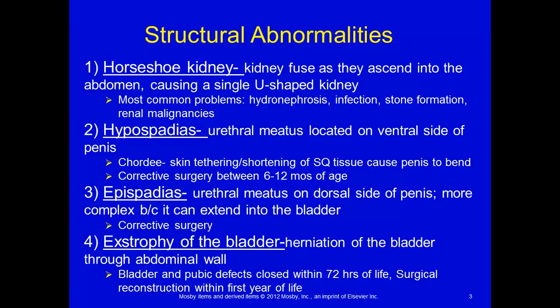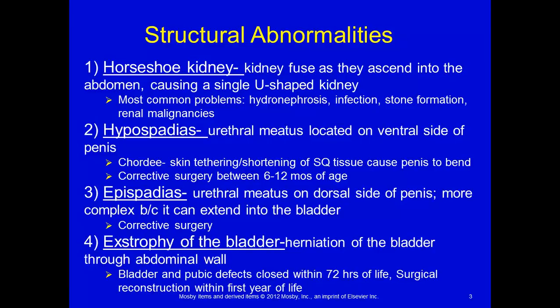It really happens because there is a bladder and a pubic defect in which, as the fetus is forming, the bladder just kind of falls out of the body because the rectus muscles, the abdominal muscles in the low abdomen, are separated. The pubic bone oftentimes is not completely fused in the front, so that also creates a gap and a hole. And so the bladder is protruding outside of that abnormality.